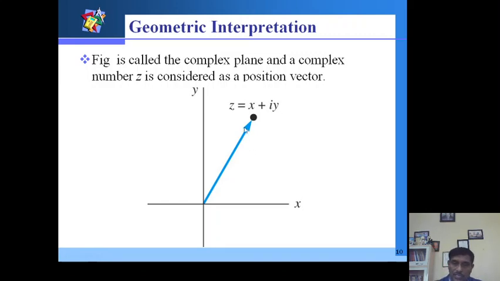Here the vector is denoted by z equal to x plus iy. Usually, we can also express the complex number in the form of an ordered pair, that is x comma y. That can be a position vector, which can be expressed as x comma y in the Argand plane or complex plane.